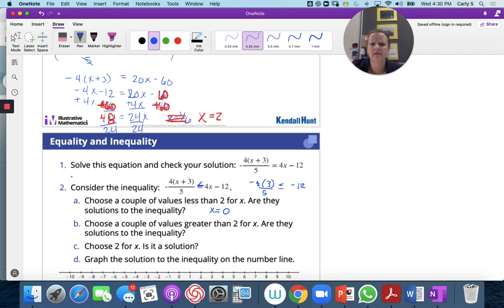Yes, because I have negative 4 times 3, which is negative 12, divide by 5, which is negative 2.4. Negative 2.4 is smaller than negative 12. Okay? Is it a solution to the inequality? Yes. Yes, it is.